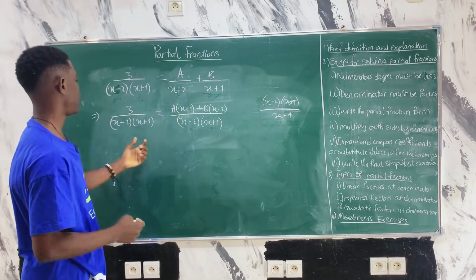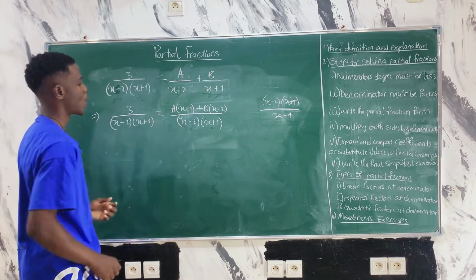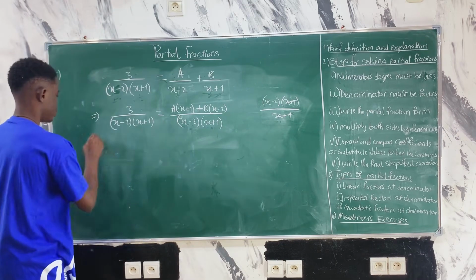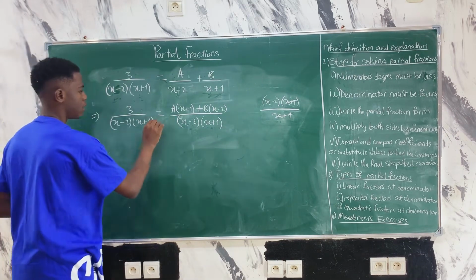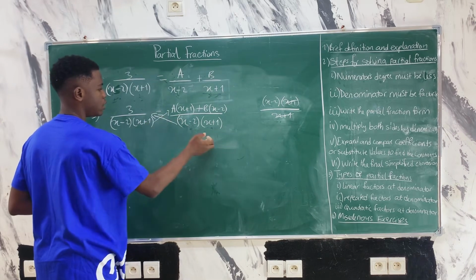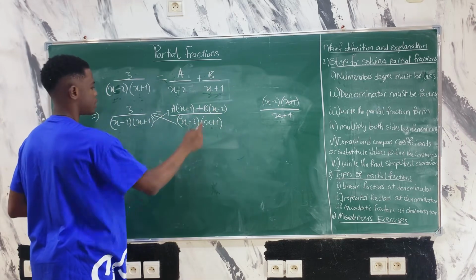So for the next step, I'll cross multiply these two and have it as a linear function. So when I cross multiply, this multiply this and this multiply this, all of this.